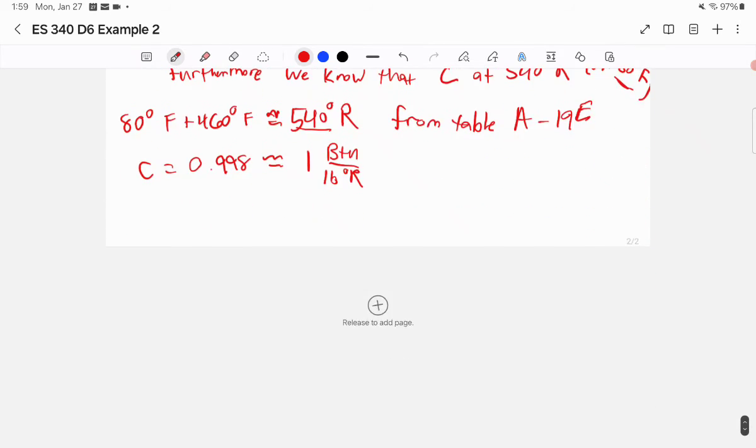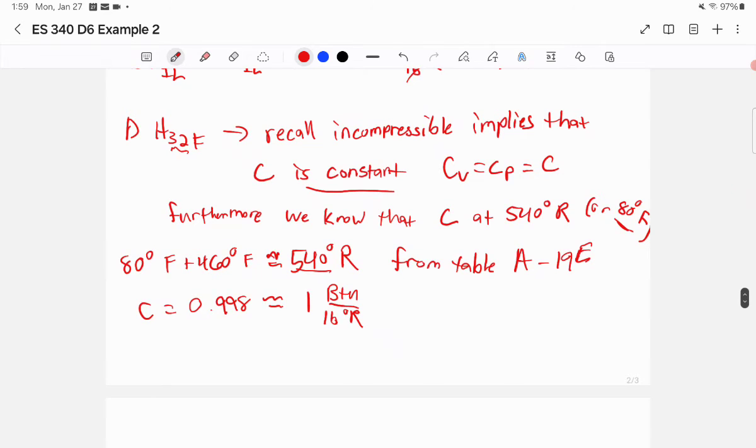So anyways, what that means is delta H, recall for incompressible systems, sorry, this is the 32 degrees Fahrenheit.